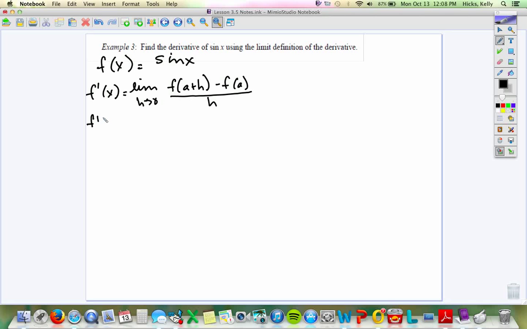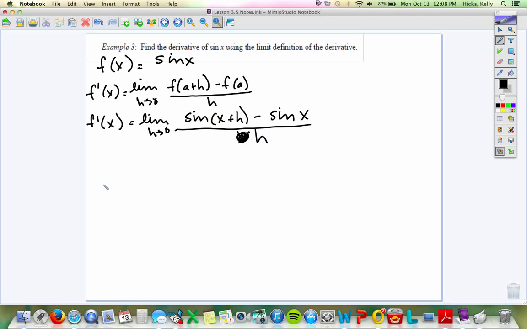So when we use that with our sine x, we have f prime of x equals the limit as h approaches 0 of sine of x plus h. I'm using x's instead of a's because I think it makes more sense. Minus sine x, all over h.